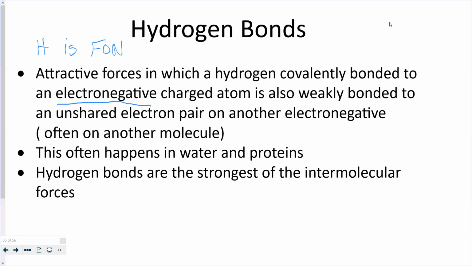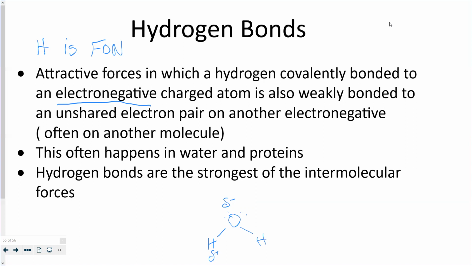When we have water, now a hydrogen bond is still just a very strong dipole. So we have kind of a negative end of water and a positive end of water. Well, here we have that hydrogen-oxygen bond that forms.